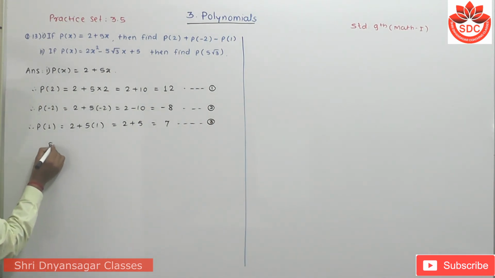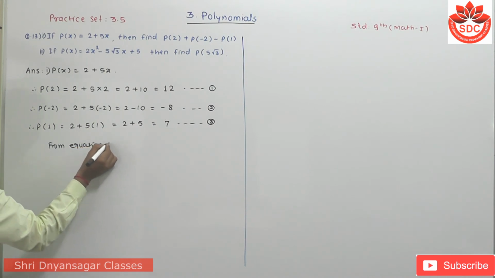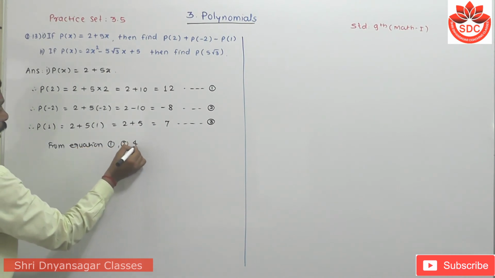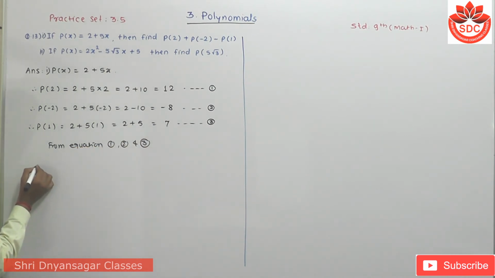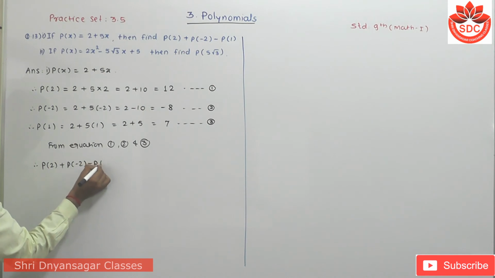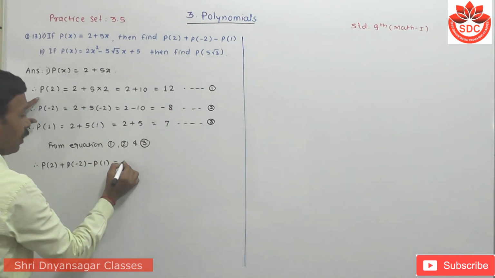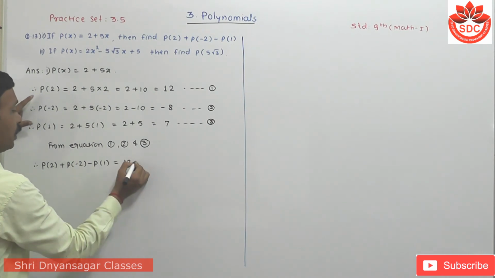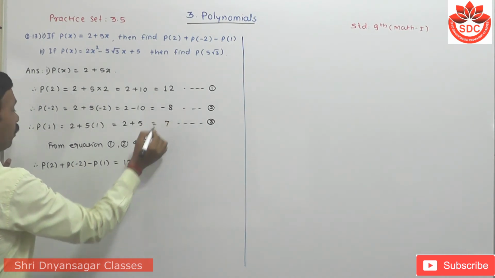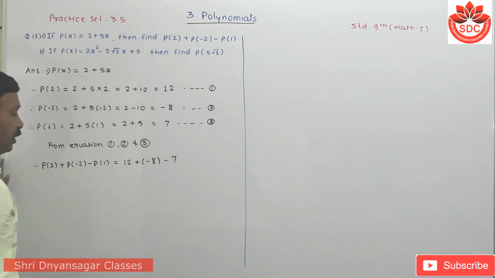Then student, from equation first, second and third, I have to find the value of p of 2 plus p of minus 2 minus p of 1 is equal to, p of 2 is 12, then plus p of minus 2 is minus 8, then minus this 7.